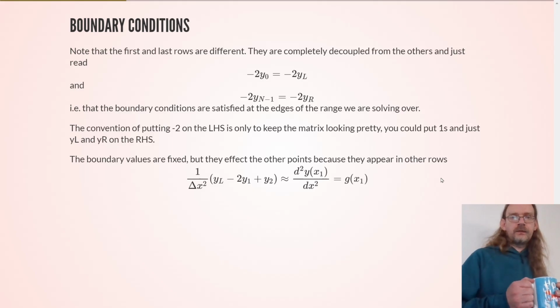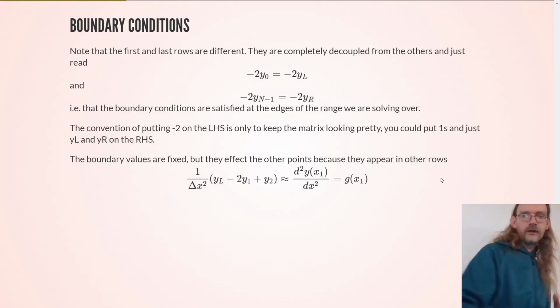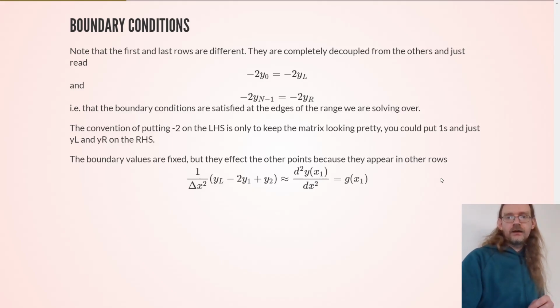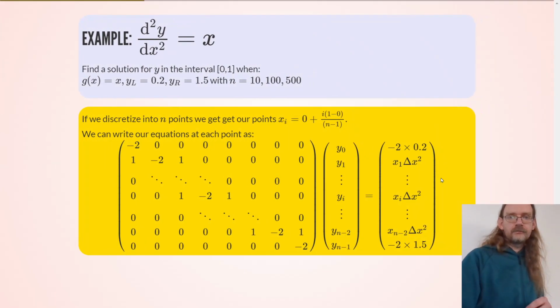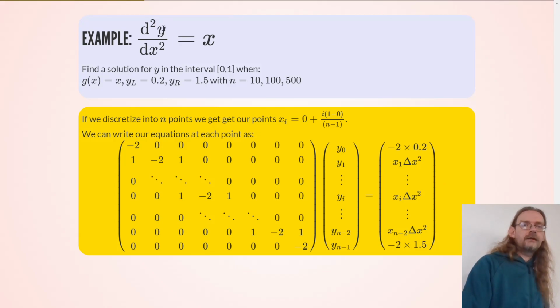So I think these just repeat what I've gone through. So if I have an equation, the second derivative of y is equal to x on the interval 0, 1, so it's this previous example I've given, but g of x is just x.